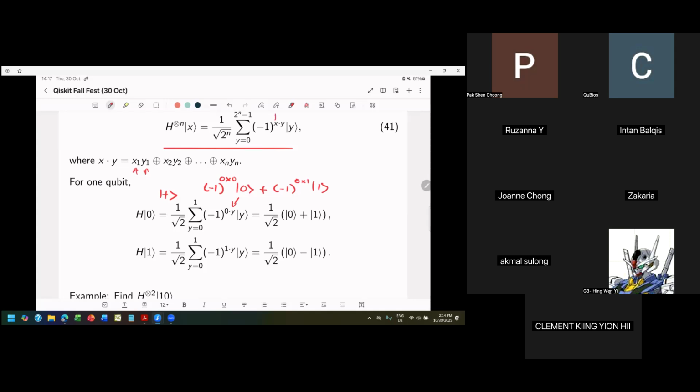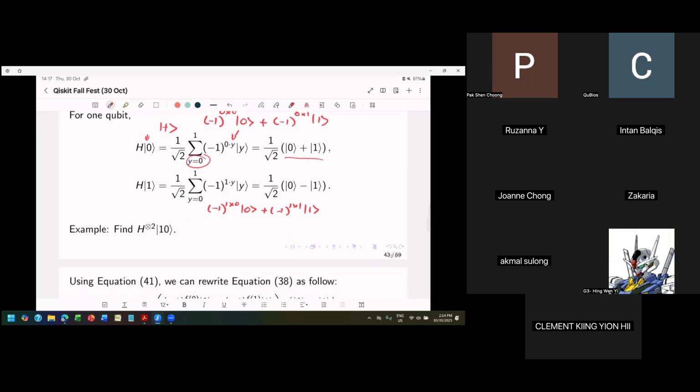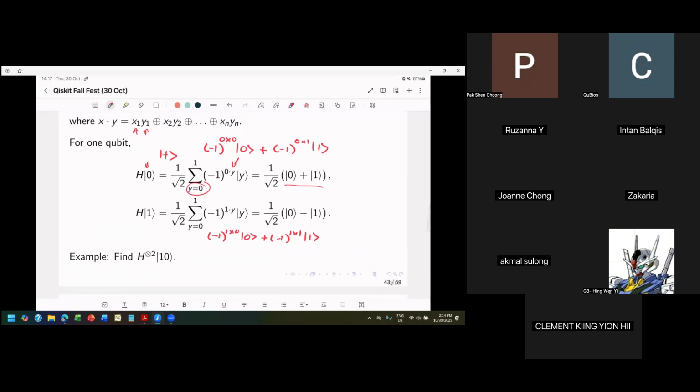Remember that one of the terms comes from the left-hand side, which is 0, and the other comes from the index of your summation. That's why it becomes 0 plus 1 over here. When you do the same expansion, because this is minus 1, 1 multiplied with 0 gets 0. So that's why you get 1 over square root 2, 0 minus 1. Example: find that using the equation.